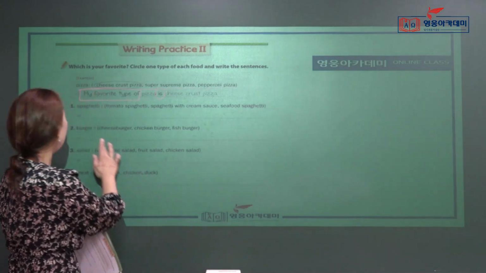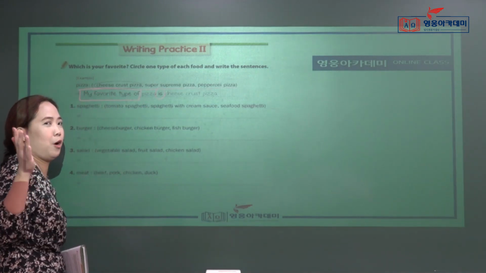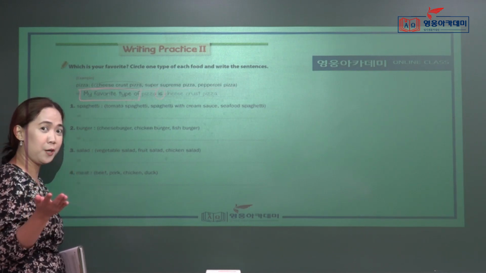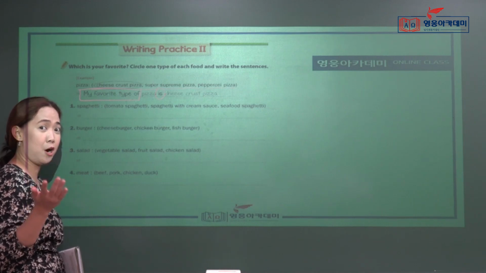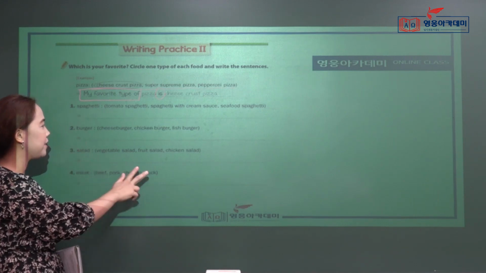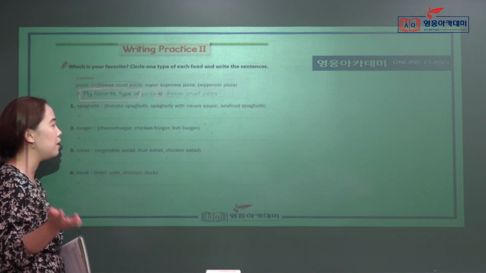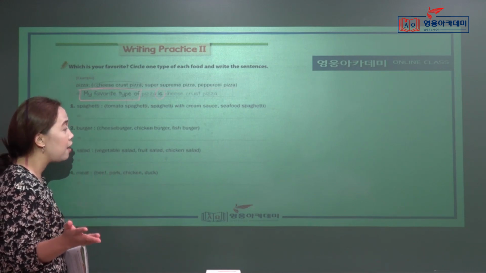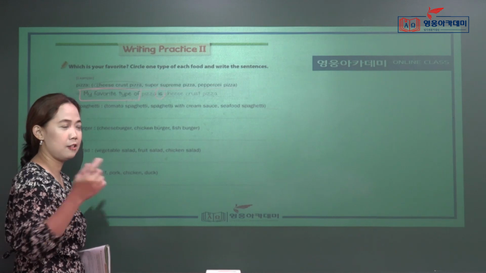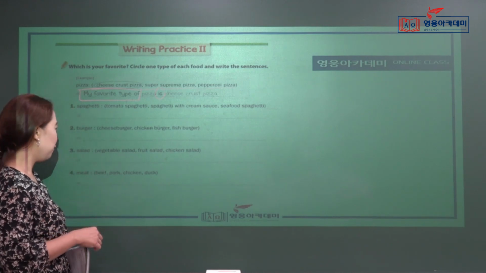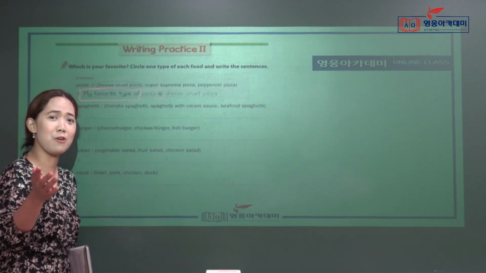Same here. Burger. There are many kinds of burger, guys. Cheeseburger, chicken burger, and fish burger. How about for salad? If you guys are a fan of salad, we have vegetable salad. We also have fruit salad, and we also have chicken salad, my favorite. And for meat, oh, your favorites, right?